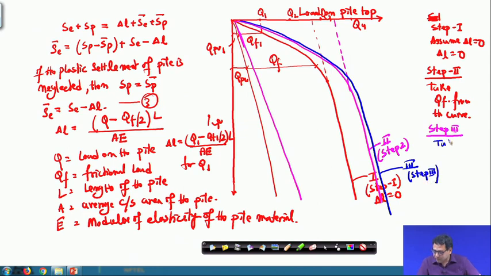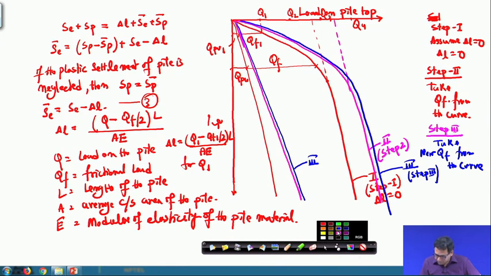Step 3, again take QF, a new QF. This is also a new QF from the curve. Okay. And again you draw the straight portion of this curve. So, this is number 3, this is corresponding to 2, and this is corresponding to 1.